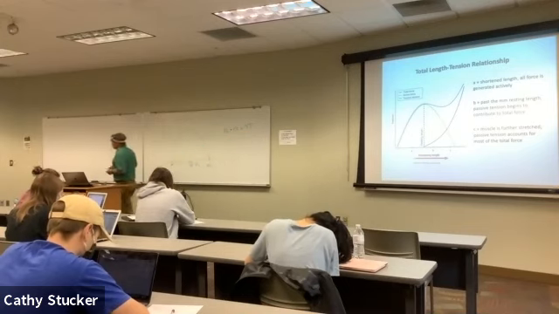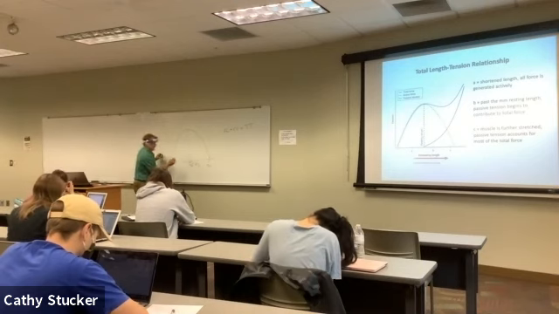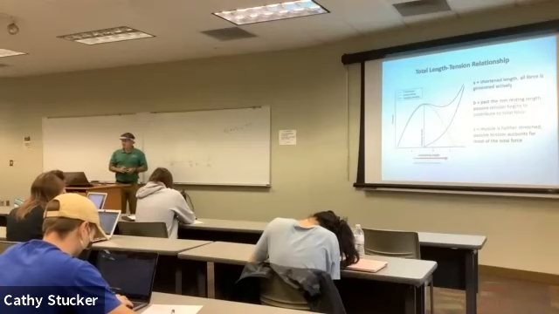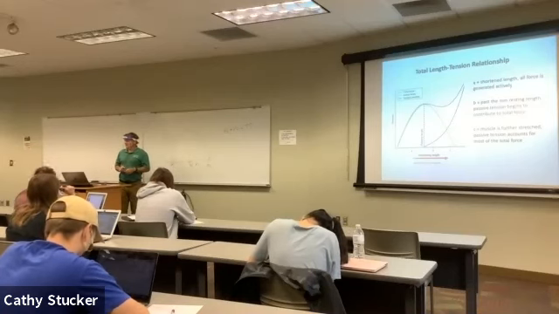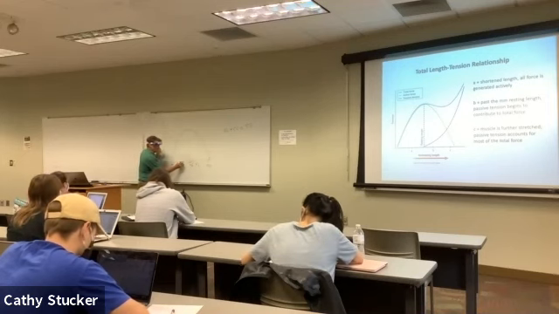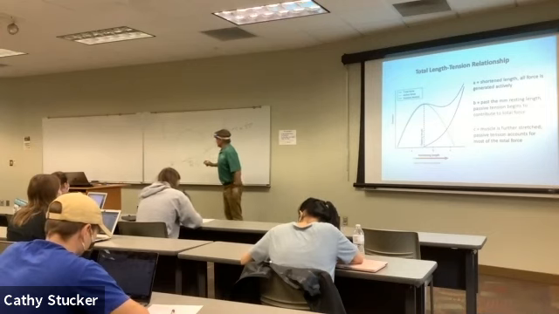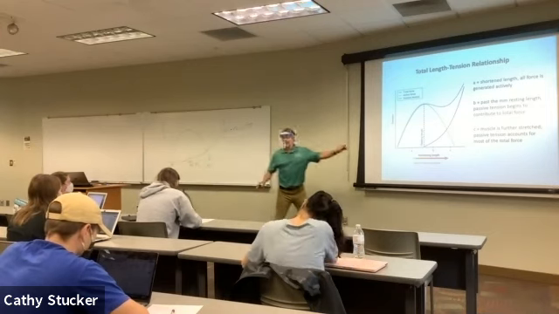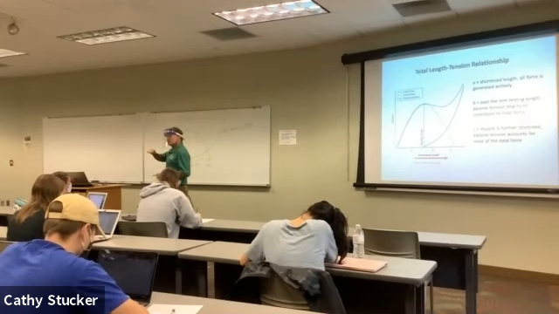But this is not drawn quite accurately because the elastic component has been shown to be stretched at resting length. So really, that line should start about here somewhere and go like that. So here it's shown exactly at 100% resting length, that's when the elastic component starts to come into play, you stretch it.